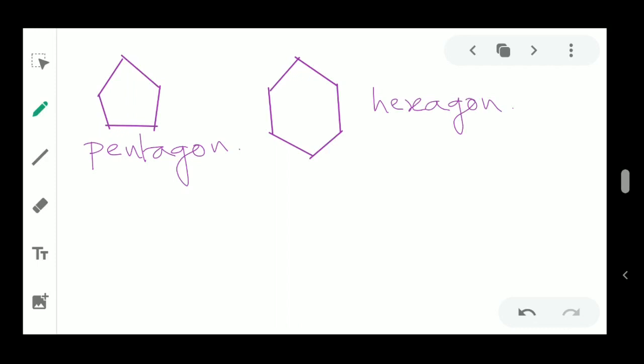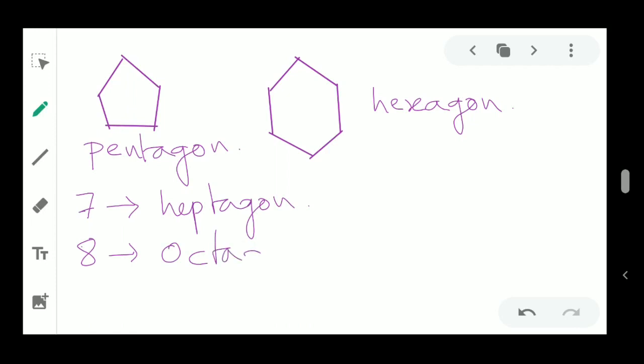If you have 7 sides, I'm not drawing it, but you can draw it, try 7 sides, then it is called a heptagon. If you have 8 sides, it is called an octagon. If you have 9 sides, it is called a nonagon. Okay, if you have 10 sides, it is called a decagon.